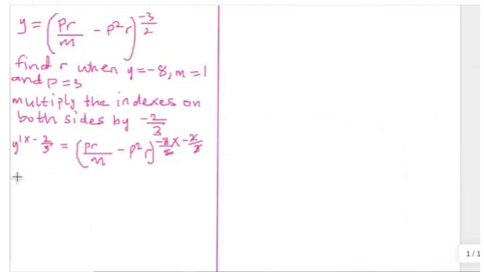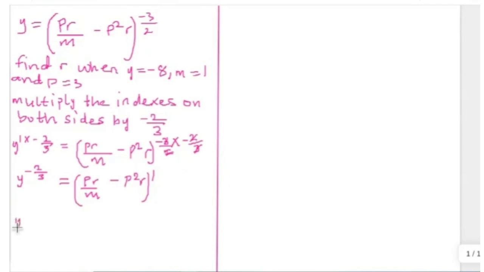Minus times minus will make that positive. So this entire equation reduces to y raised to power −2/3 equals PR over (m − p squared r). Of course, minus times minus makes the entire index positive, so everything here is raised to power 1.